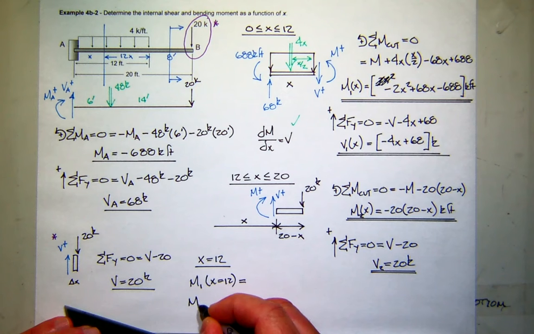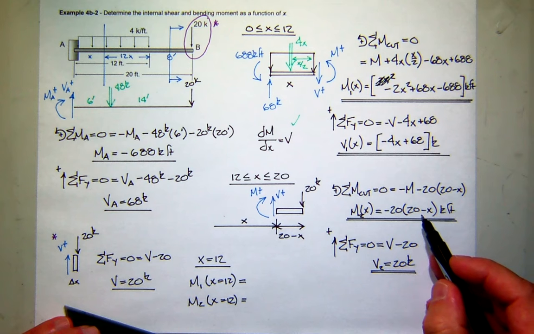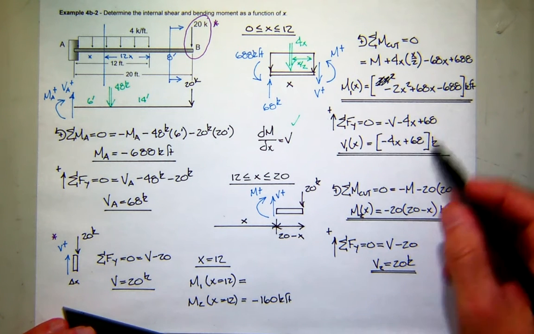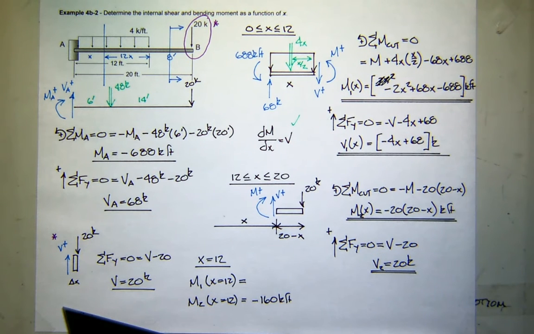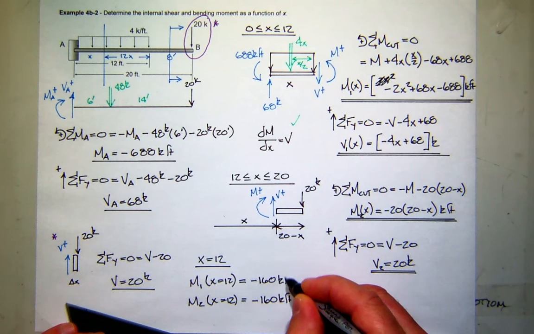And then what's the moment from 2 at x equal 12? This is pretty easy. I can do that one. That's 8 times that. So it looks like it's negative 160. Put in 12 up there. What do you get? I bet you get negative 160. Yes. So you can see that the moment is continuous at that point.